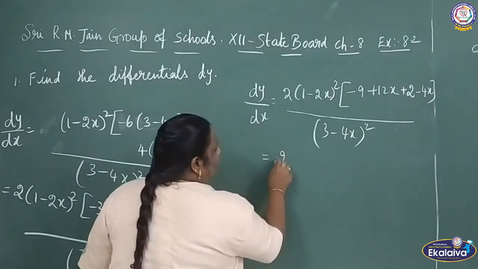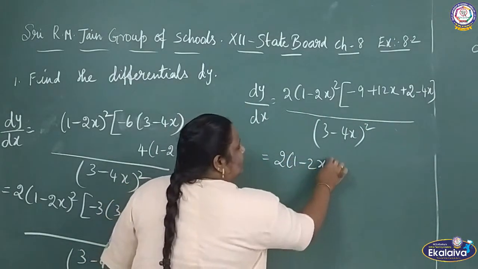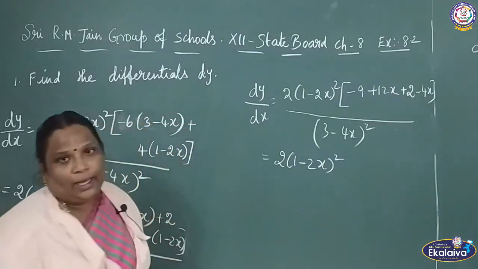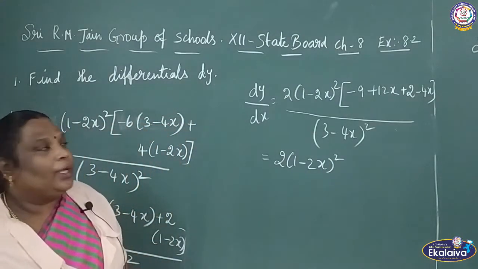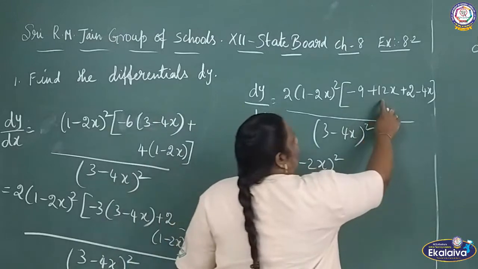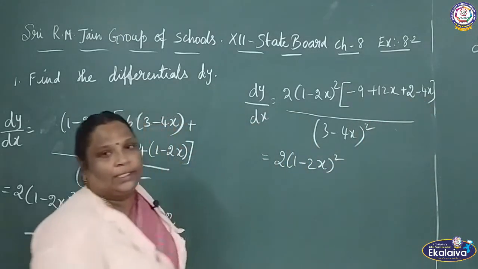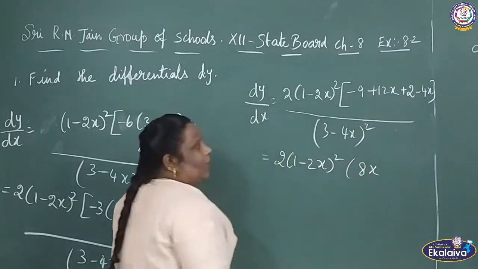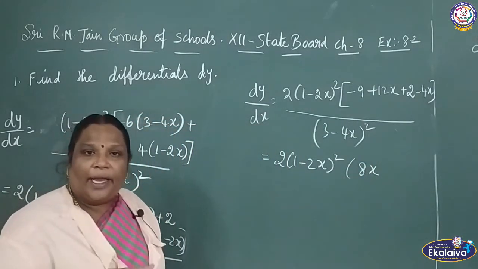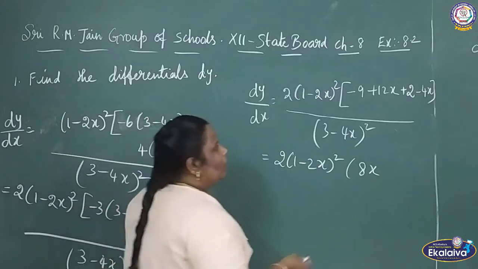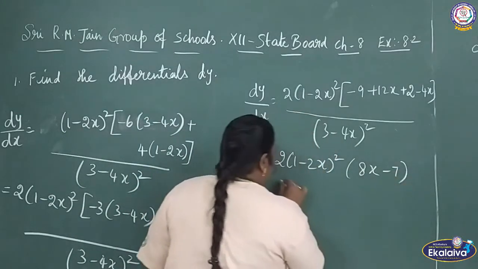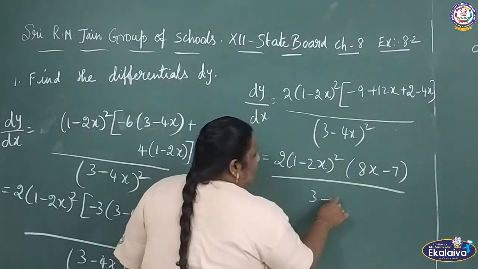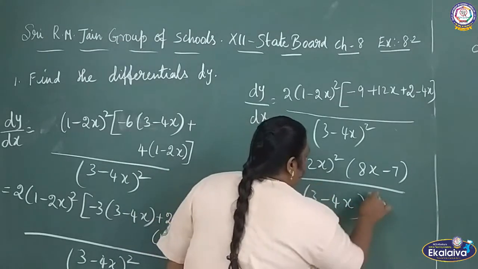It gives 2 into (1 minus 2x) the whole square into 12x minus 4x, 8x. Minus 9 plus 2, minus 7, by (3 minus 4x) the whole square.